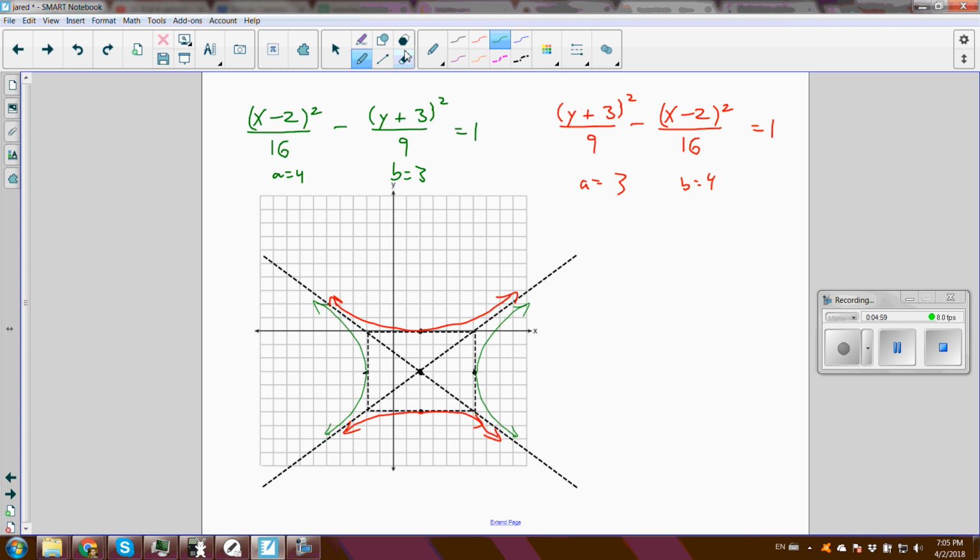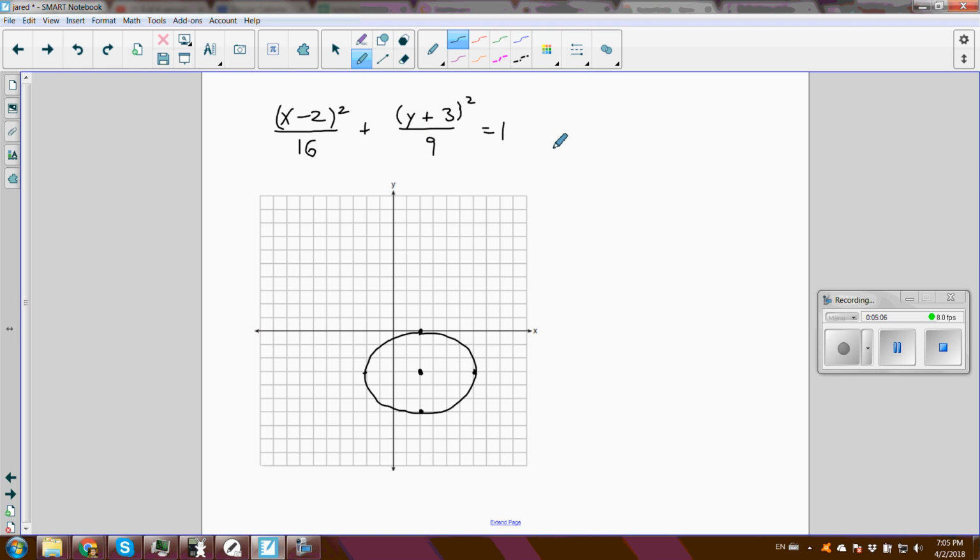Now, the foci. For the ellipse, you've got the relationship that a squared equals b squared plus c squared, because a is the largest of the three lengths. So c would end up being the square root of 7 in this case, which is almost 3.